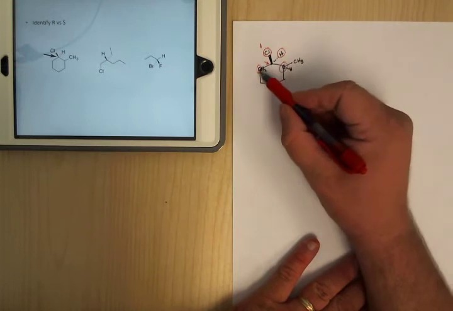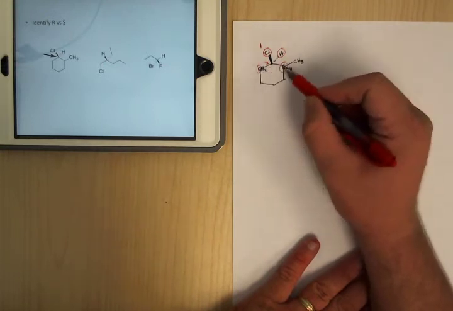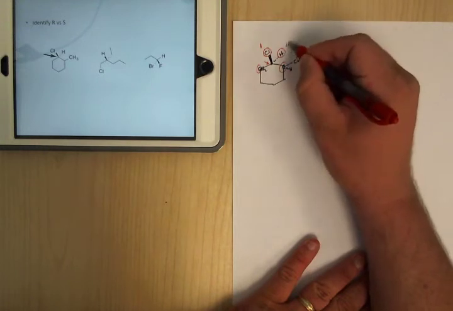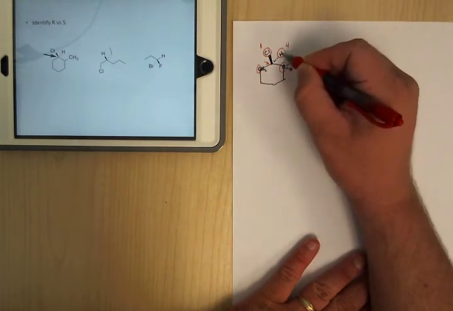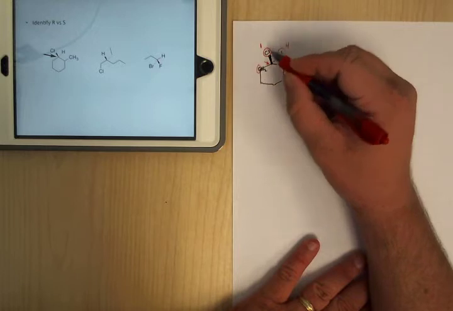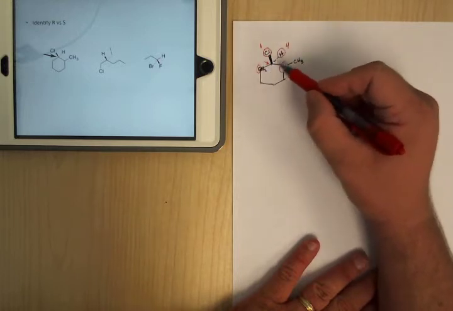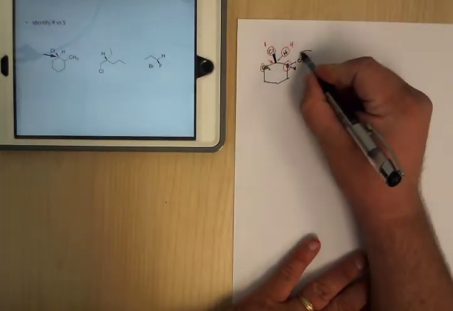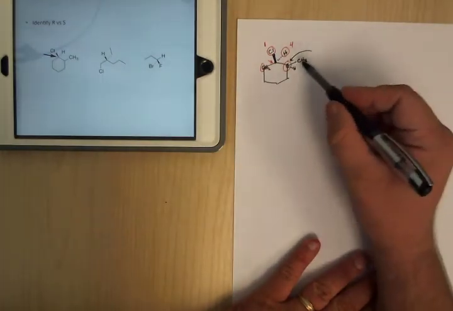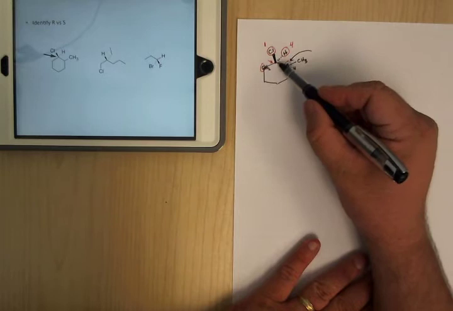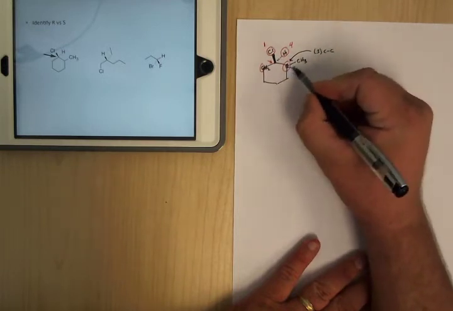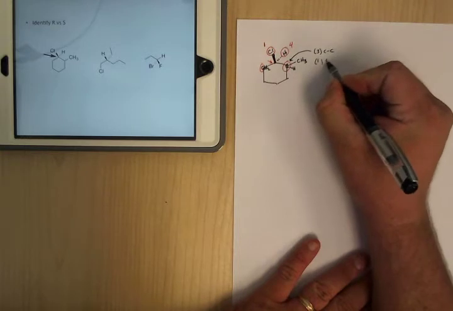What's the next heaviest? It's one of these two carbons, so that's going to be 2 and 3. We don't know which, but we know that the H is going to be 4. Now we need to figure out which one's 2 and which one's 3. So we have a tie. We have to see what's bonded to it, so we look at the heaviest bonds hanging off of that carbon. This one has 3 carbon-carbon bonds and 1 carbon-hydrogen.